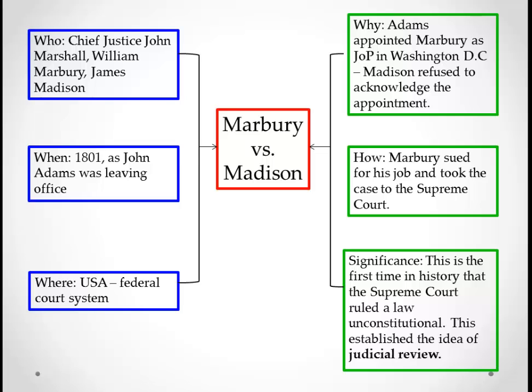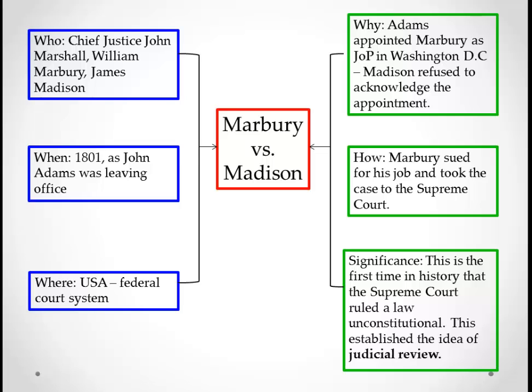Let me give you the situation surrounding this. As John Adams was leaving his office as president, he appointed William Marbury to be the Justice of the Peace in Washington, D.C. Well, as he was leaving office, James Madison, who was the Secretary of State at the time, was supposed to swear William Marbury in.